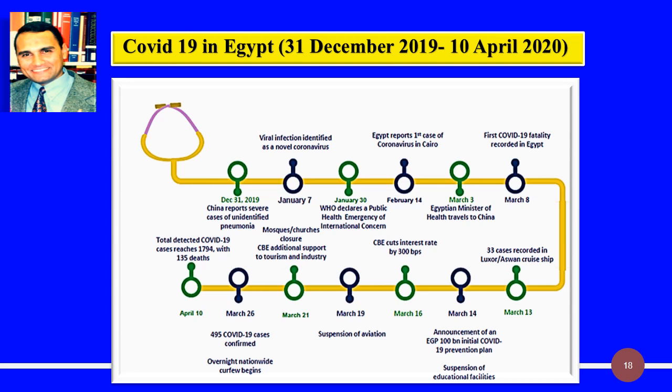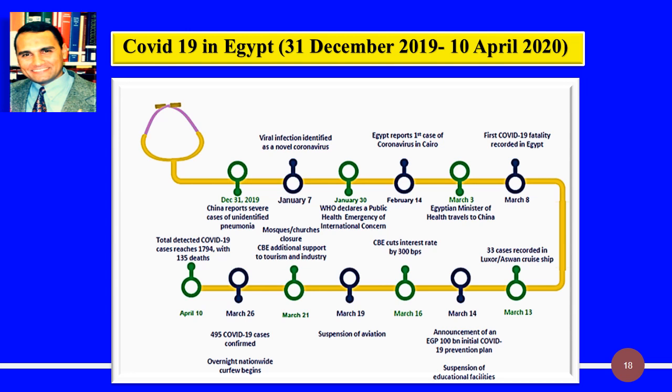On the 14th of March, an Egyptian 100 billion initial COVID-19 prevention plan was announced, along with suspension of educational facilities. On the 16th of March, the CBE cut interest rates by 300 billion. On the 19th of March, aviation was suspended.